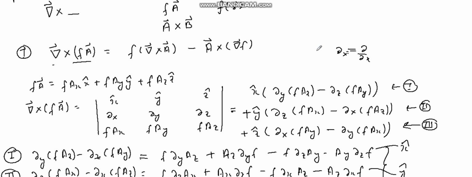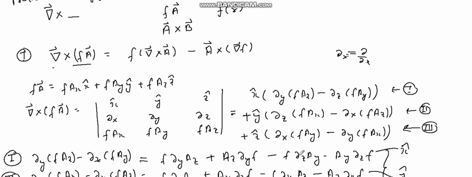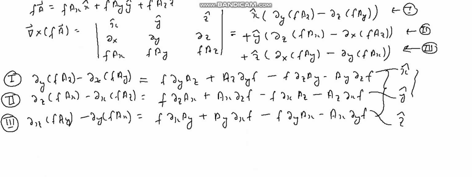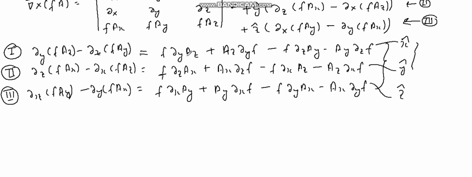What we have to do is write these 12 terms as the first term and the second term. So first of all, we will rearrange these terms to write the first term, which is f times del cross a.